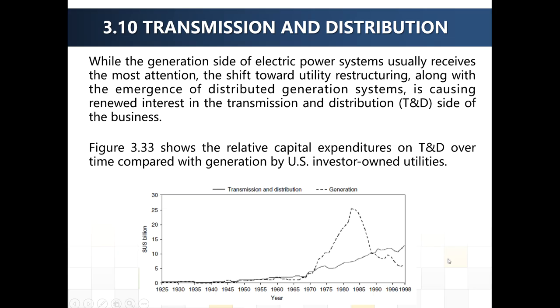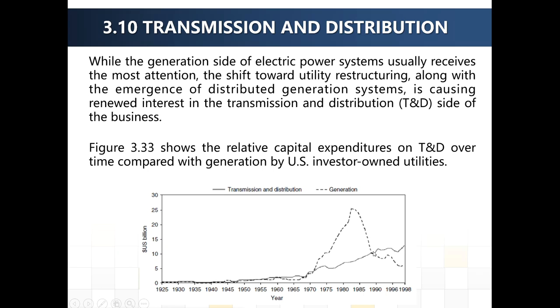As we can see from this figure, in the past, before the 1970s, the capital expenditure on generation and transmission was almost the same. After the 1970s, capital expenditure on generation is above the capital investment in transmission and distribution.